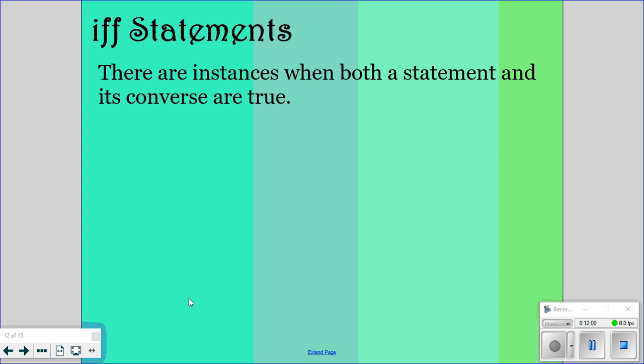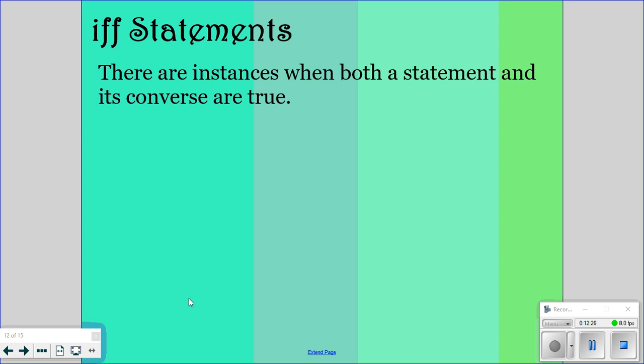All right, so looking at IFF statements, that is shorthand for if and only if. Math people like to do shortcuts when at all possible. So I am going to write IFF instead of if and only if. If you want to write out if and only if, you are more than welcome to. Just means you have to write more, but that's okay.